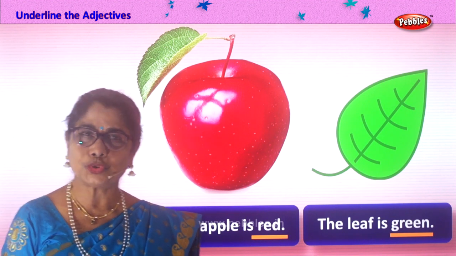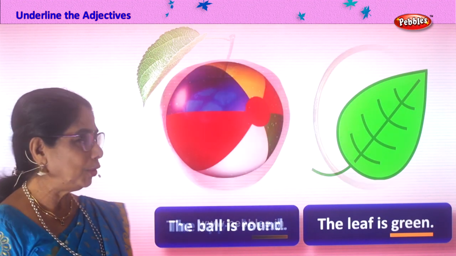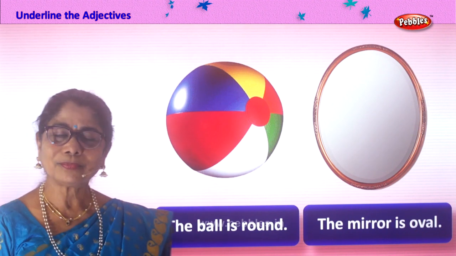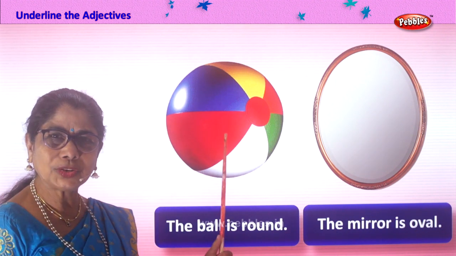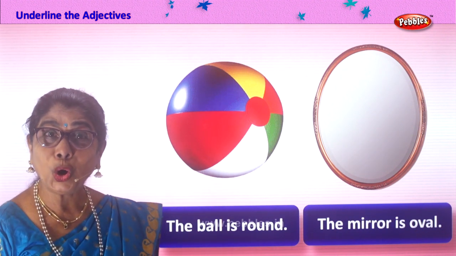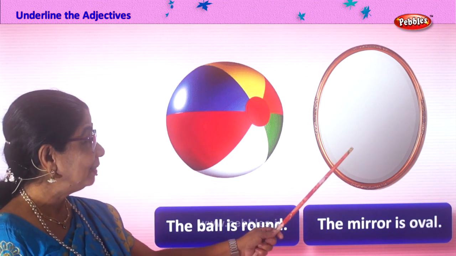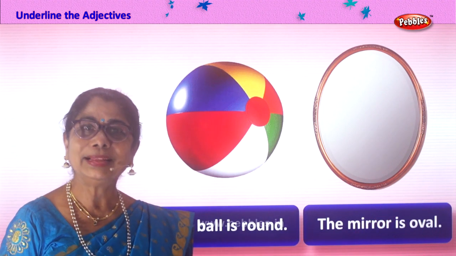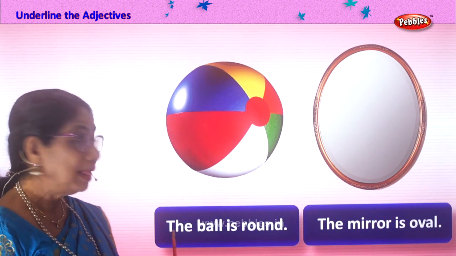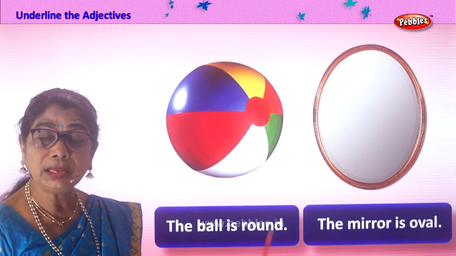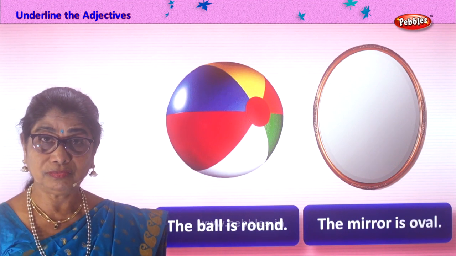Let's take a picture. Look what you have. Look at this picture. What is this? Ball. You like to play with the ball. Yes? And here, there's a mirror. Let's read the sentence. The ball is round.